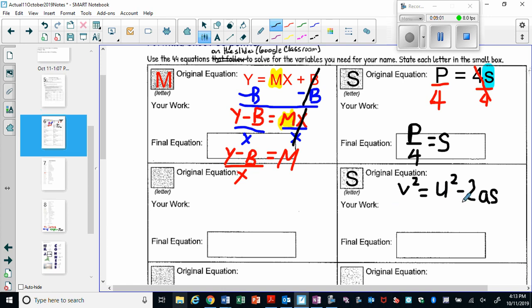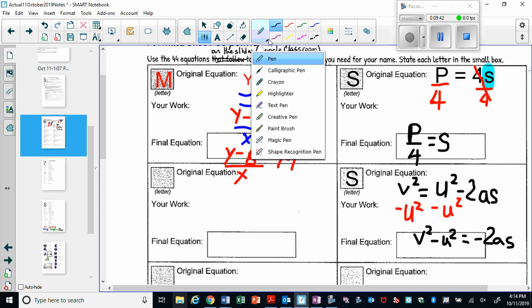Now, we do reverse PEMDAS. So in this case, our first step, subtract U squared on both sides. And so we have, now this is not the final equation, V squared minus U squared equals negative 2AS.